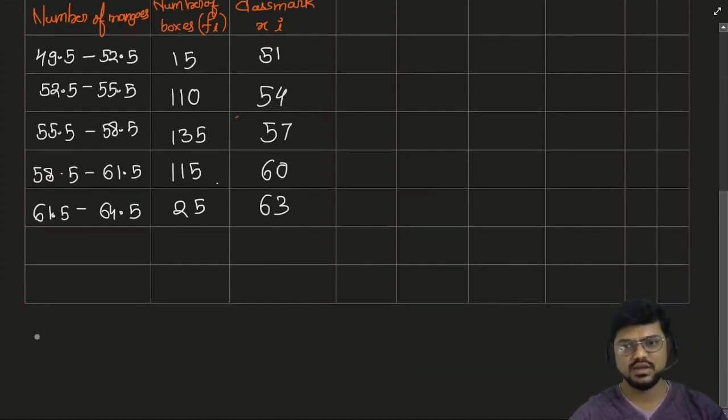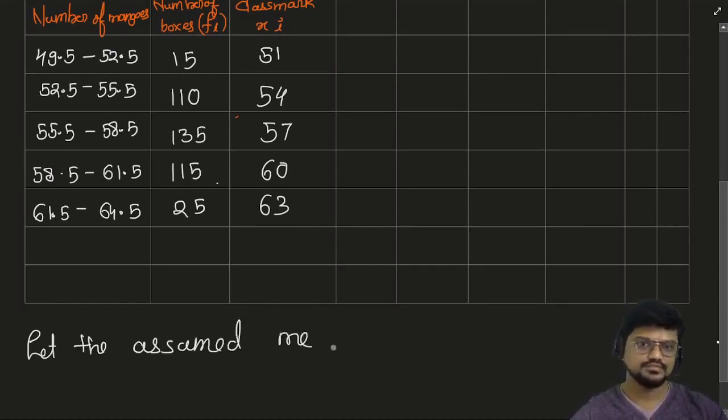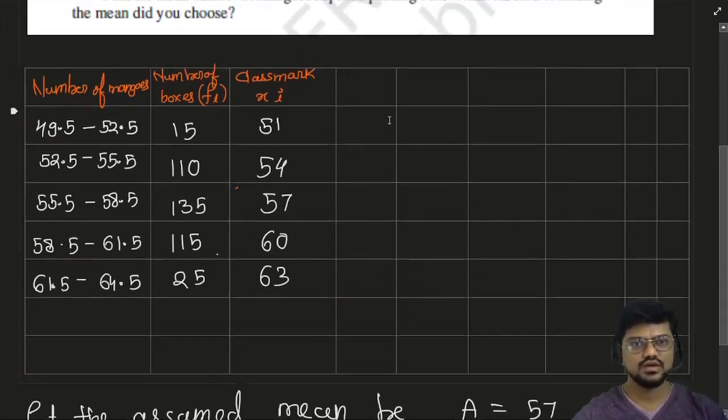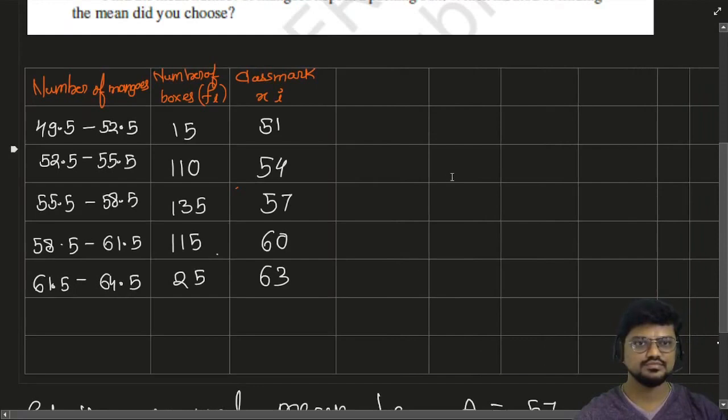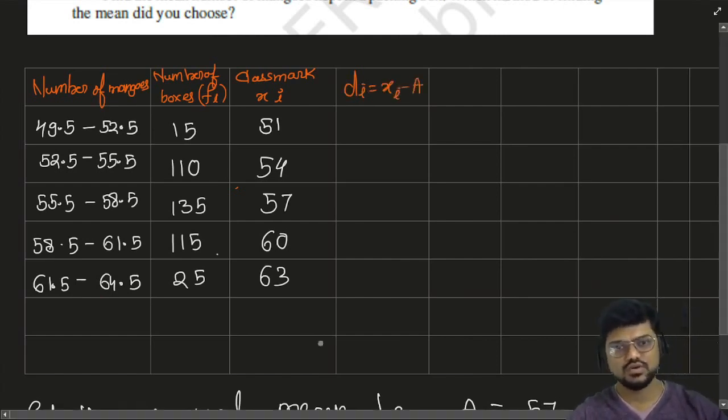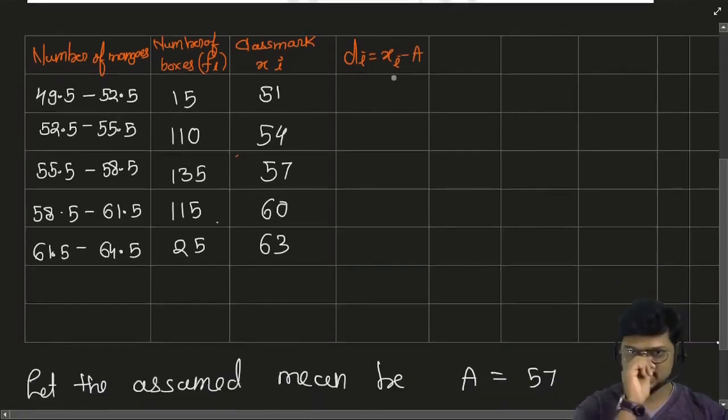So you can write over here, let the assumed mean be a equals 57. Over here we will write the values of di. The value of di is xi minus the assumed mean, which is 57. 51 minus 57 is how much?